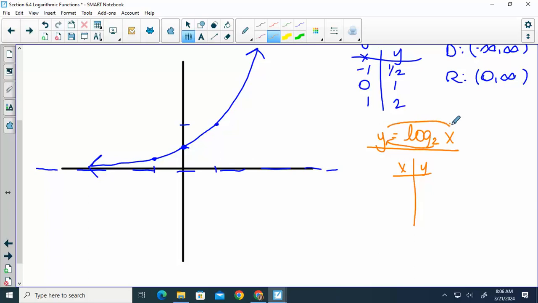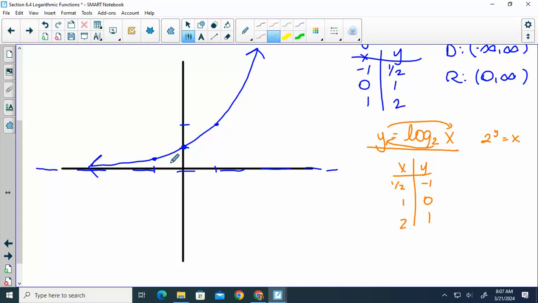So it would be 2 to the y power equals x. So my exponent is now y. So if we plug in our -1, 0, and 1, we always put those in for the exponent in an exponential, which is the y. What is 2 to the -1? What is 2 to the 0? And 2 to the first is 2.